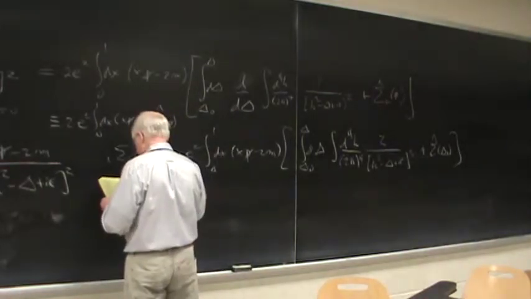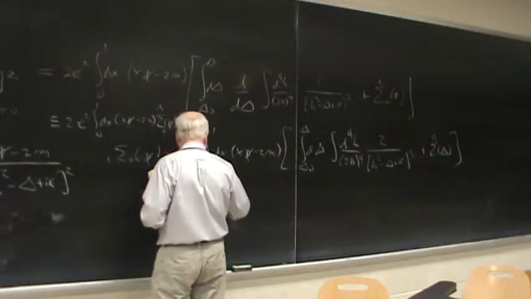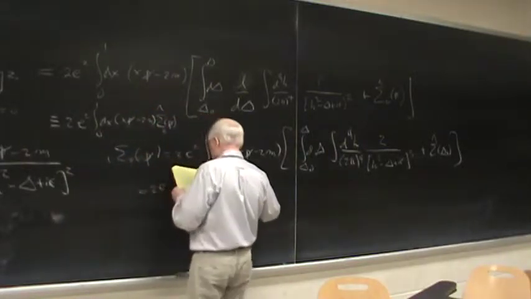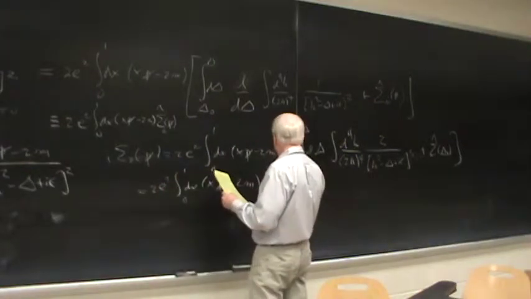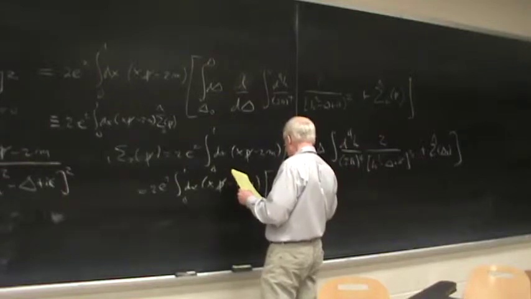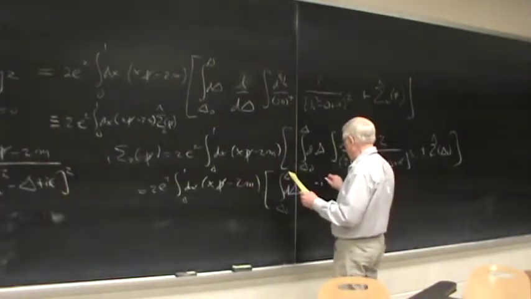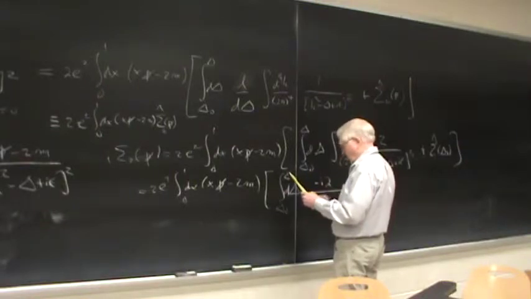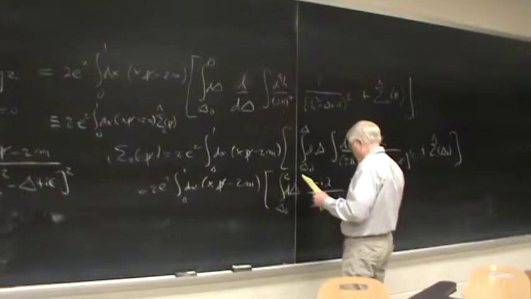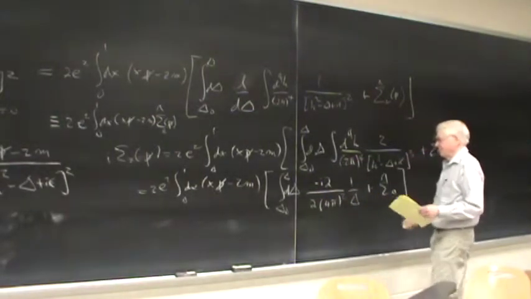Anyway, so this is 2e squared integral 0 to 1 dx x p-slash minus 2m. And now we've got an integral from delta 0 to delta d delta, and this is minus i times 2 over 2 4 pi squared 1 over delta plus the sigma, I'll just call it sigma hat 0.